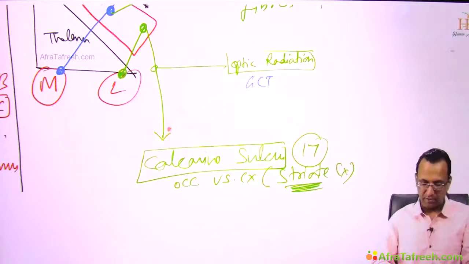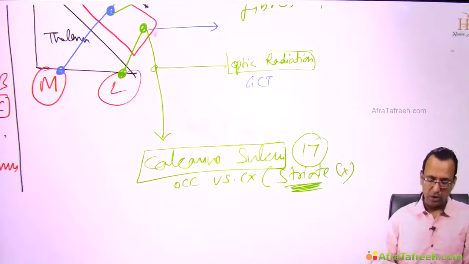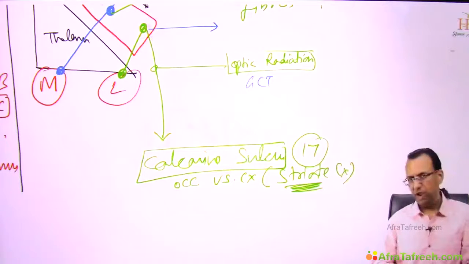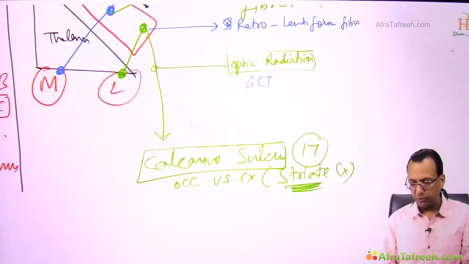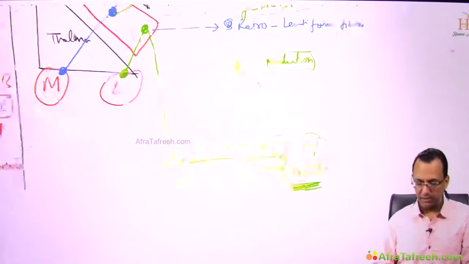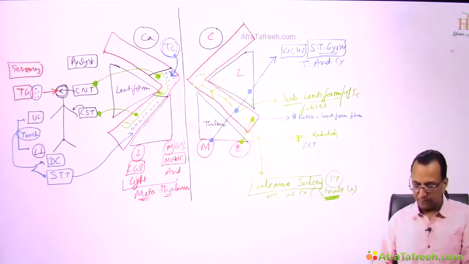Which part of the internal capsule is it using? The posterior part, but specifically behind the lentiform nucleus. Those are the retrolentiform fibers of the internal capsule, because the fibers pass behind the lentiform nucleus. This is the visual pathway.